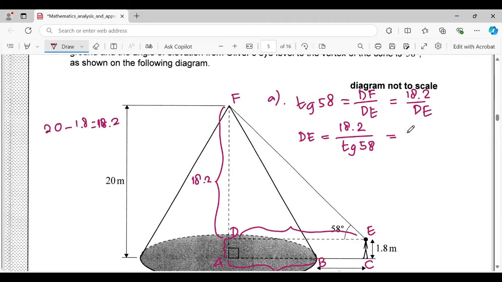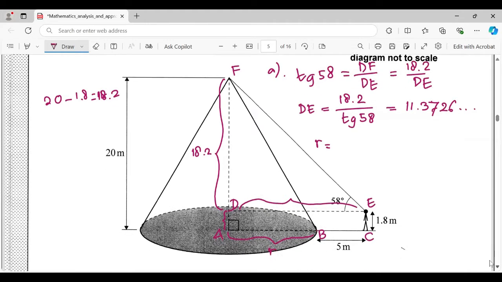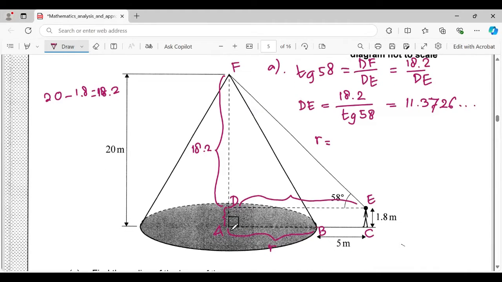It is 11.3726, and so on. This is DE, and it means R, or AB, is AC minus BC.